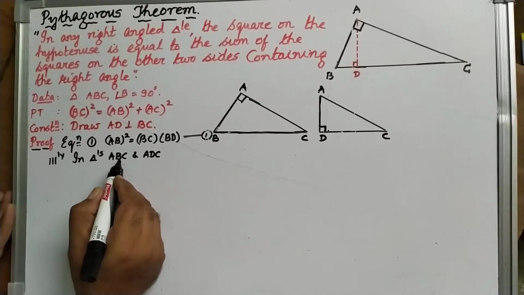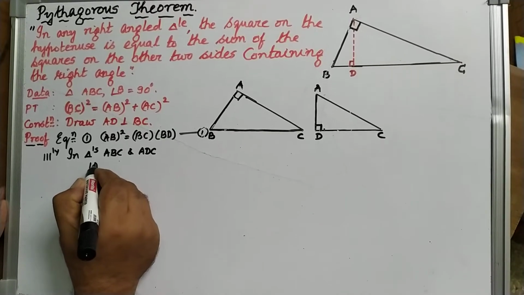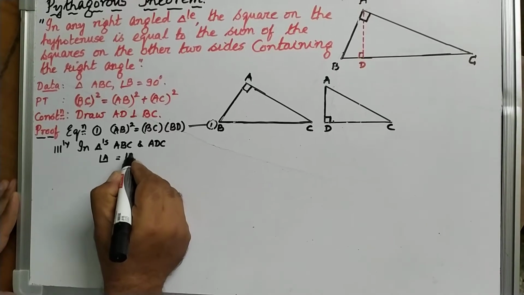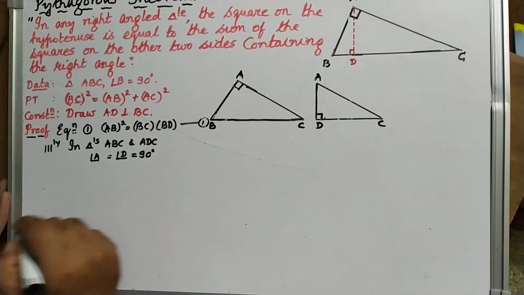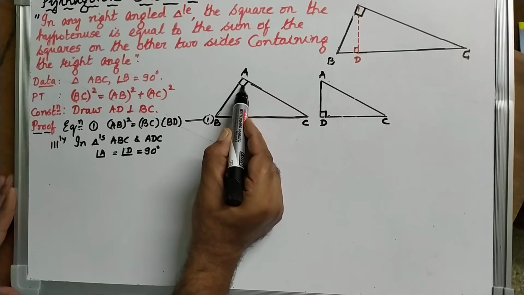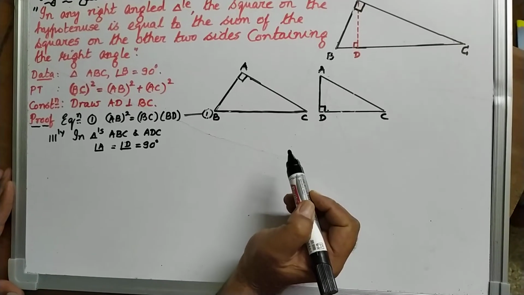Now in triangles ABC and ADC, angle A of the first triangle is equal to angle D of the second triangle. Both are equal to 90. This angle A is 90, which is given to us. Angle D is 90. This is by construction.